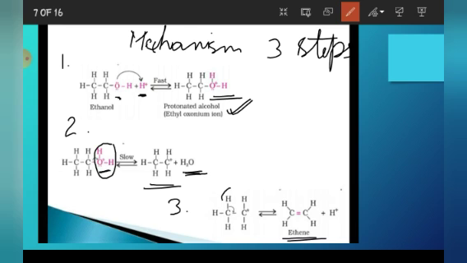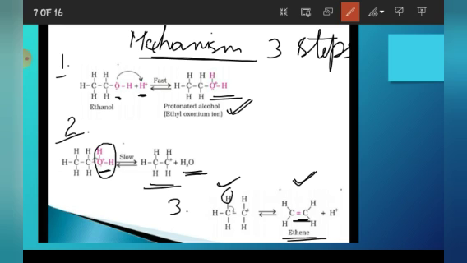This H will give its electron and come out. This H will give its electron and come out. So here what will be formed? A double bond will be formed between these 2 carbons. So the final product is ethene. So this mechanism also, like the last mechanism, involves 3 steps.